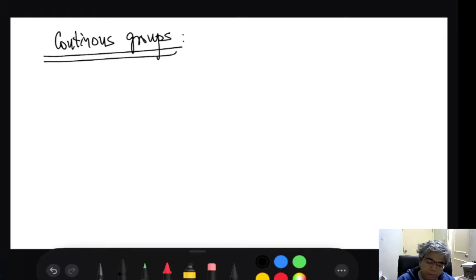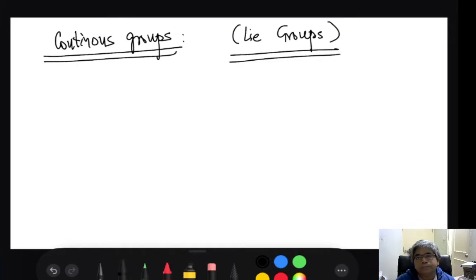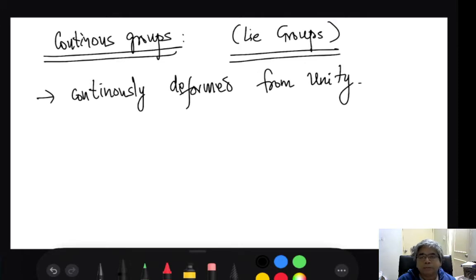So these also we'll focus on, something called the Lie groups, which are defined as groups which can be continuously deformed, so you can start with one and then you can always go back to another.